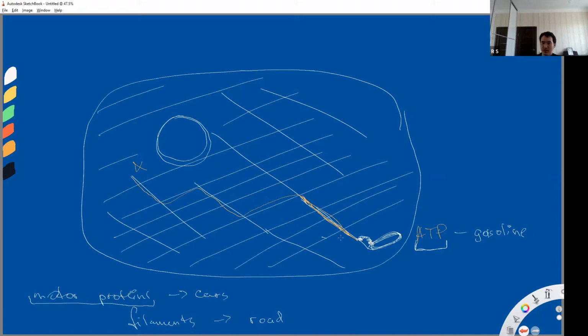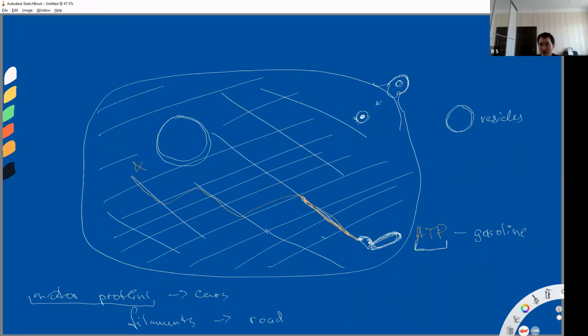So in this case, we have this intracellular transport, and not only organelles, but also nutrients, and usually nutrients are inside vesicles. These vesicles are usually formed due to endocytosis. So let's say here we have the nutrient, and then these two parts bring it inside, and we obtain the vesicle with the nutrient.